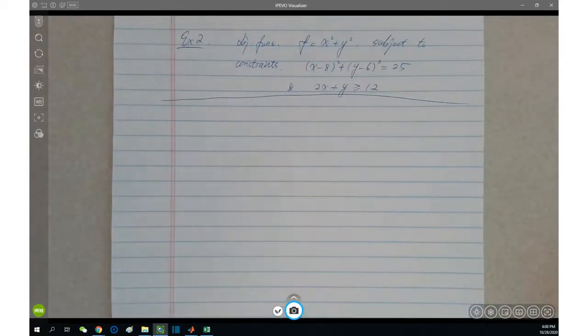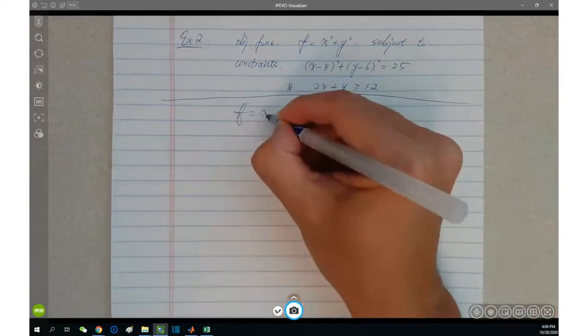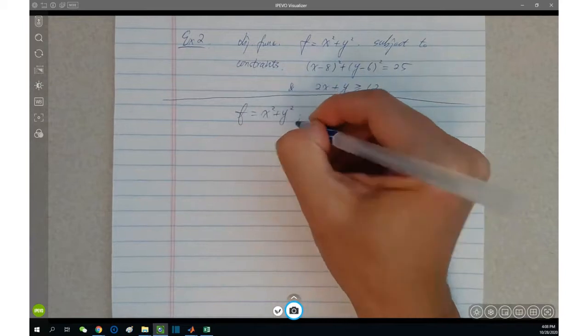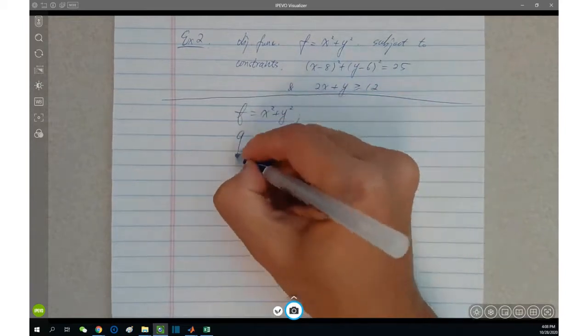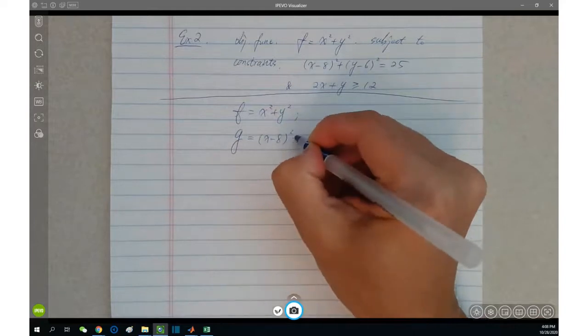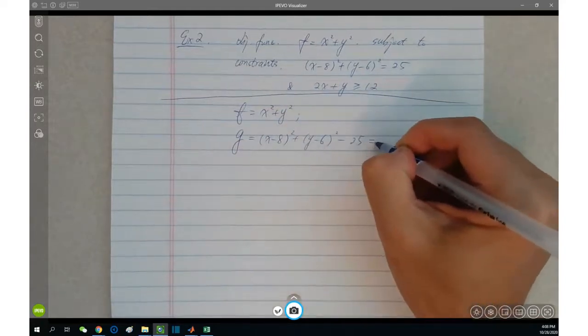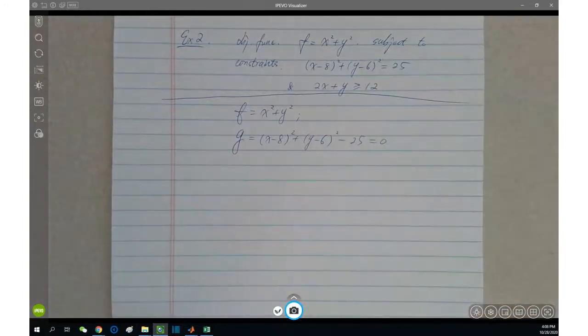So obviously, f is x squared plus y squared. G is what? This is just like what we did in the previous lecture. You move 25 to the left-hand side of the equal sign, so it equals 0.